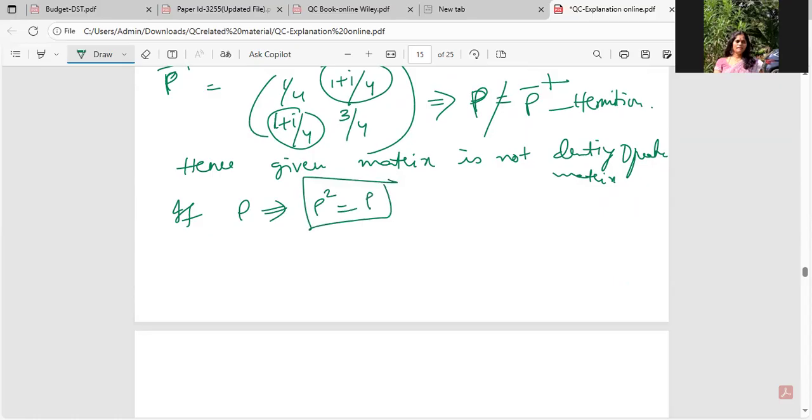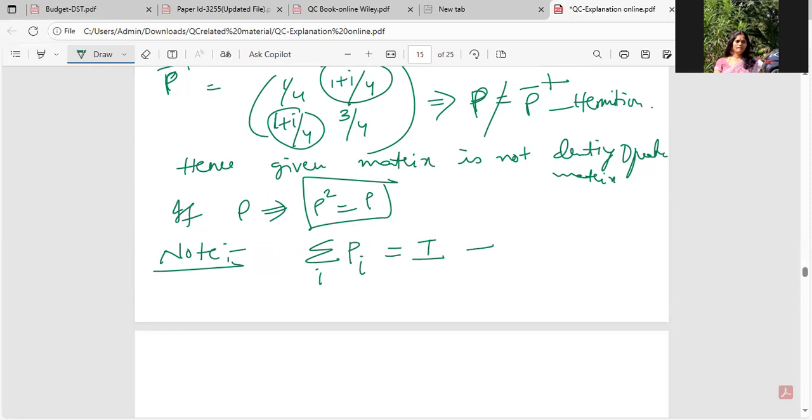That also is satisfied. Also, guys, there is one more note about rho. This is very important. That is, the summation of the probabilities P_i should be equal to the identity matrix.